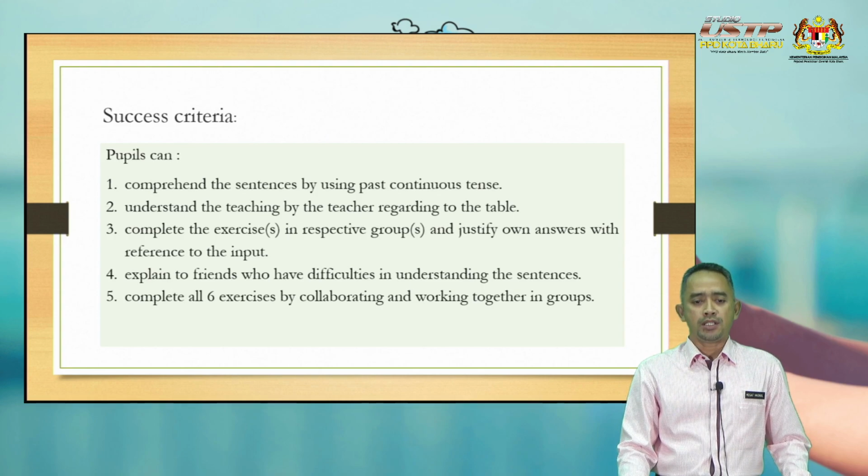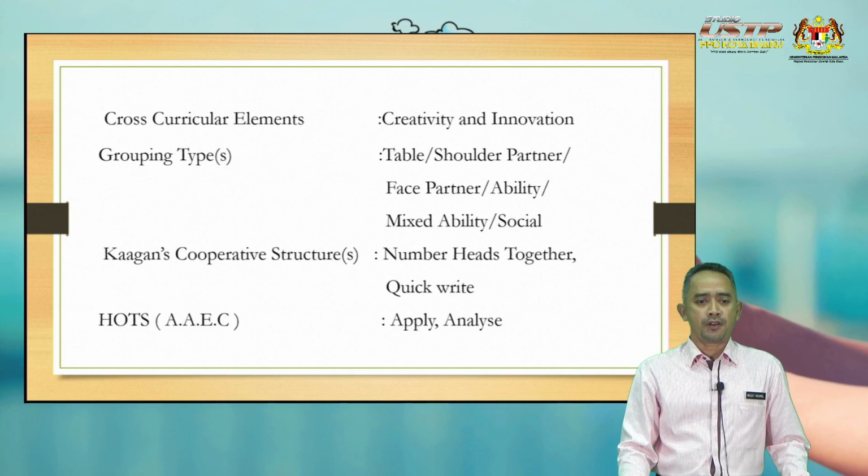They explain to friends who have difficulties in understanding the sentences, and complete all 6 exercises by collaborating and working together in groups. For cross-curricular elements, we are using creativity and innovation.